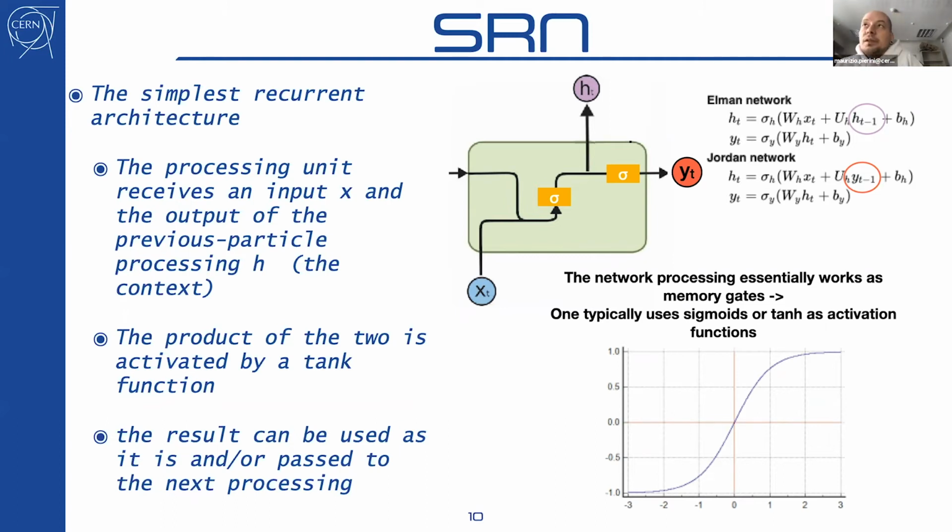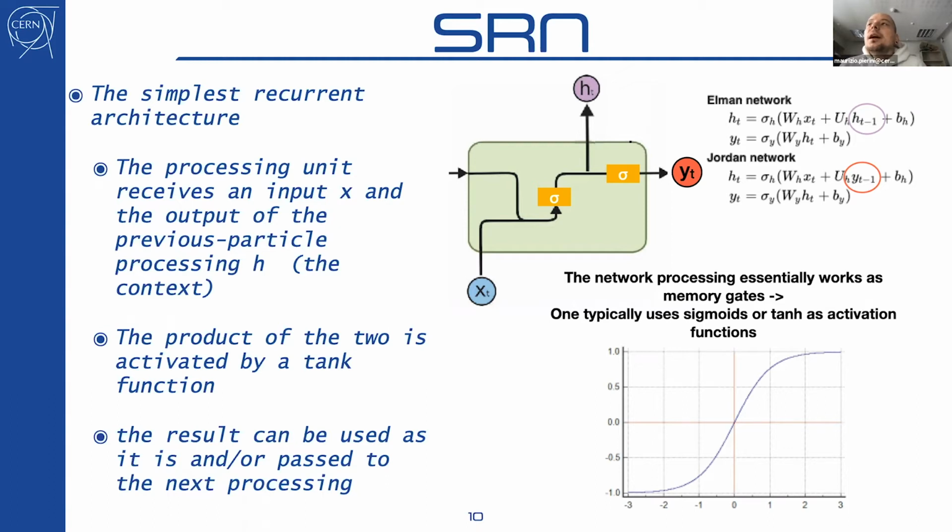So it's a number between 0 and 1, for instance, if you use a sigmoid, of the input multiplied by the weights, the memory state of the previous iteration multiplied by its own weight, and some bias. And the output is the same thing, but it doesn't depend on the input.